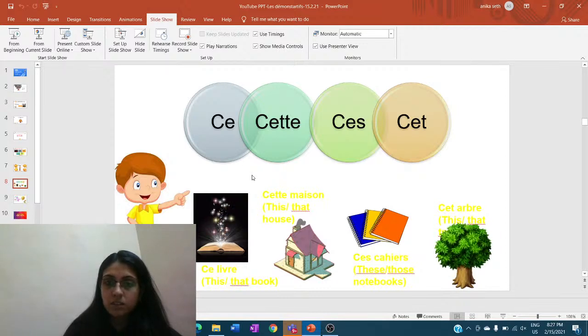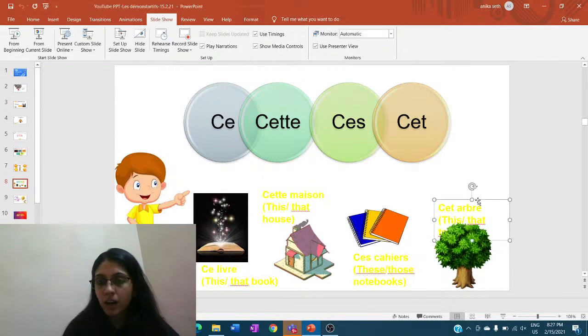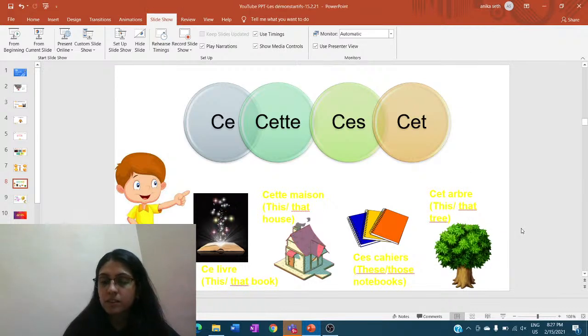Then next one is cet arbre. Cet arbre, this or that tree. Now arbre is a masculine noun. It starts with a vowel. Also it is singular.